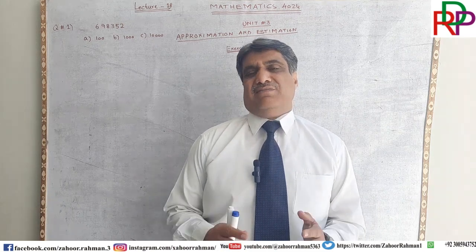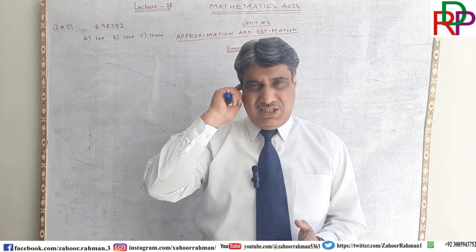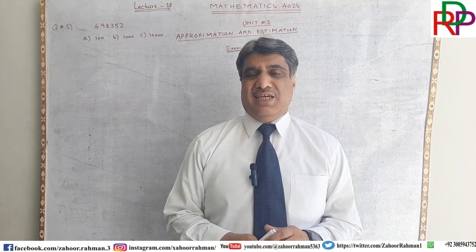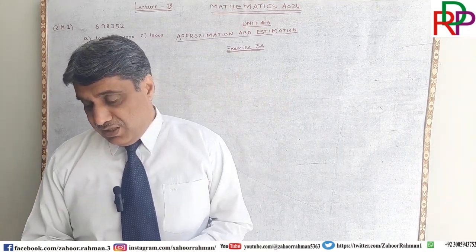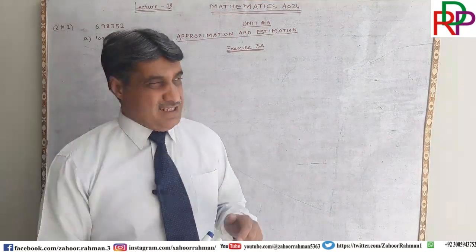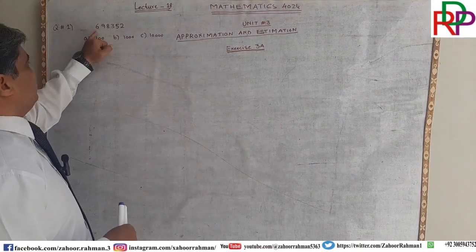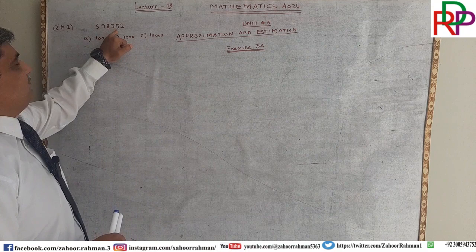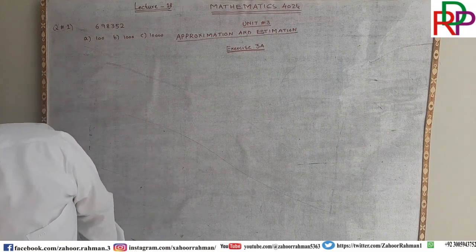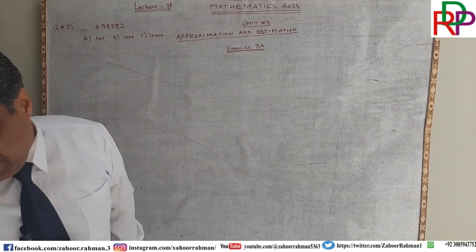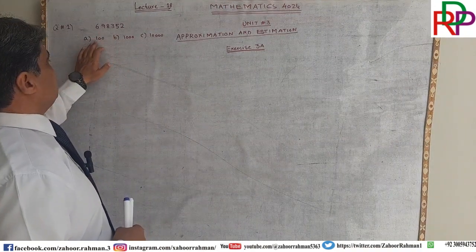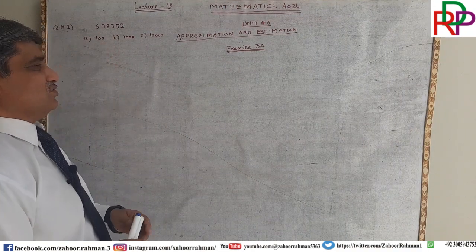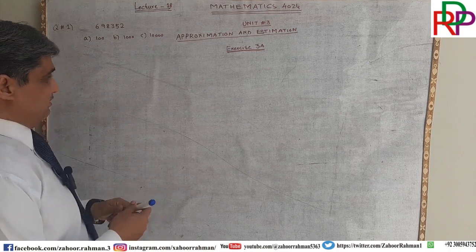The first question in 3A is saying to round off this number, 698352, to the nearest 100. What does it mean? Let's talk about it.